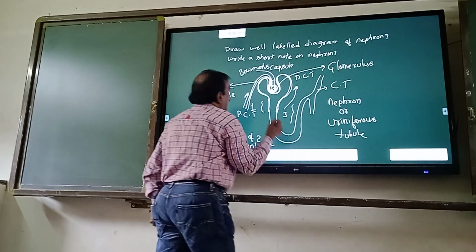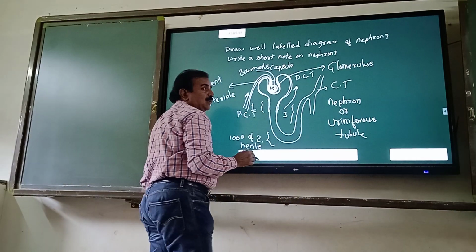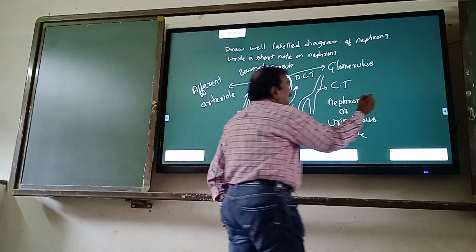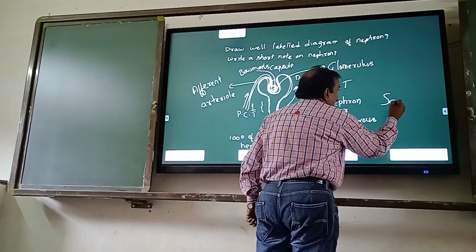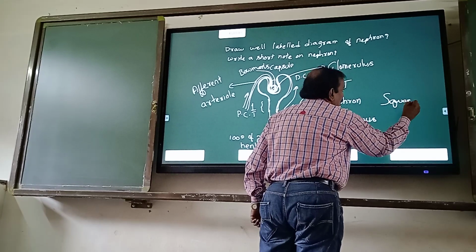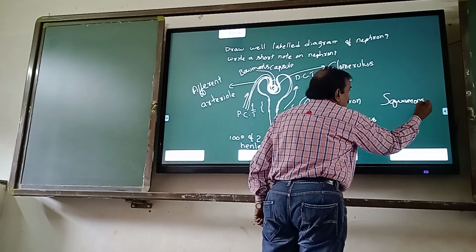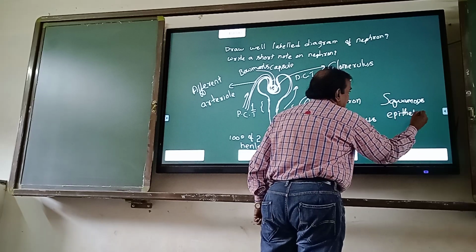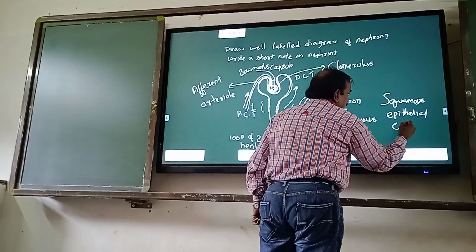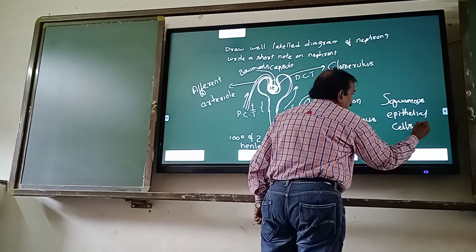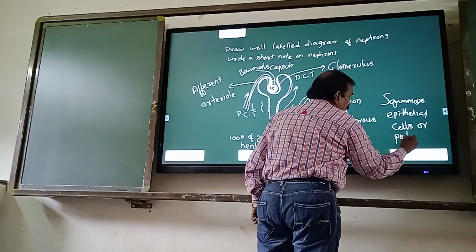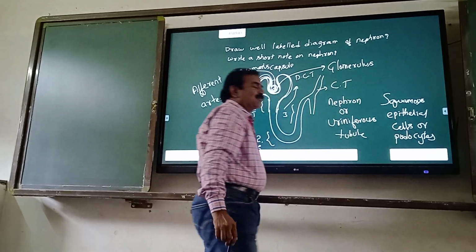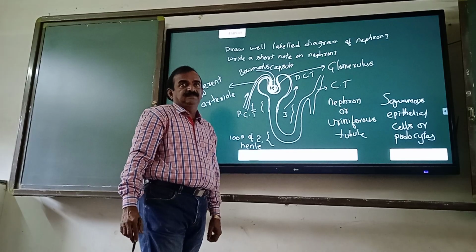Below the glomerulus, it is lined with a single layer of cells, and they are called squamous epithelial cells or podocytes. All of you underline: squamous epithelial cells are podocytes.